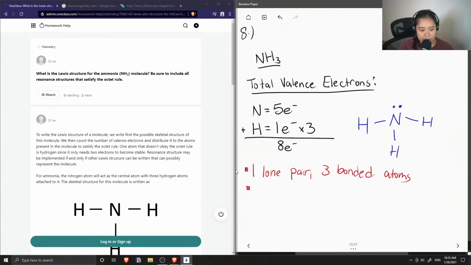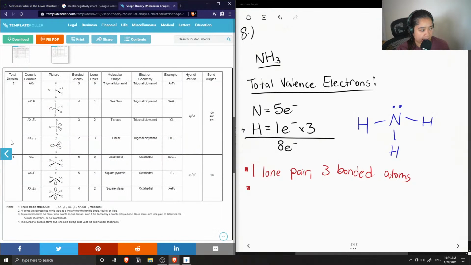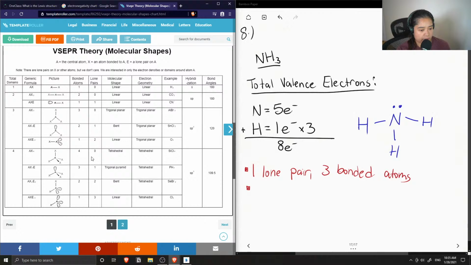If we use a VSEPR table, we can find out the type of shape it has and electron geometry. So when you have 3 bonded atoms and 1 lone pair, this tells us we have a trigonal pyramid molecular shape.